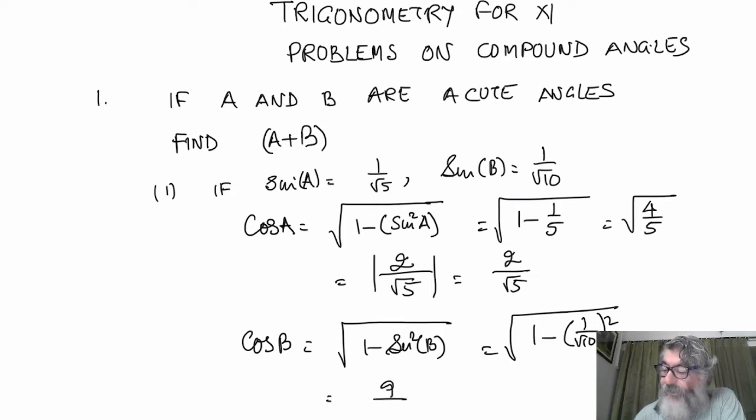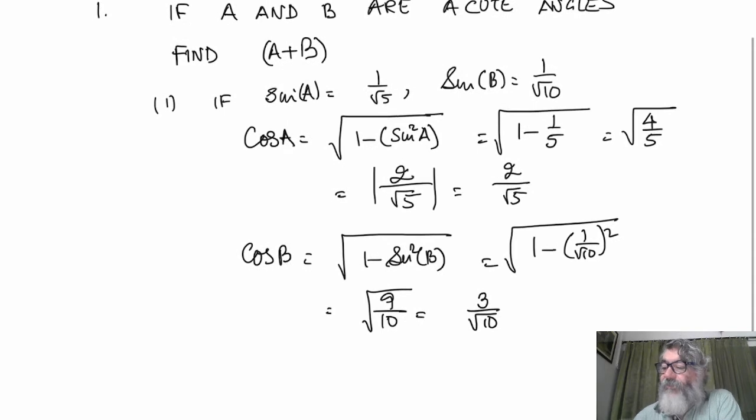Under root 9 upon 10, and I am not writing the modulus time and again with it, it is 3 upon root 10. So I have got the value of cos A and cos B, and I already have the value of sin A and sin B.